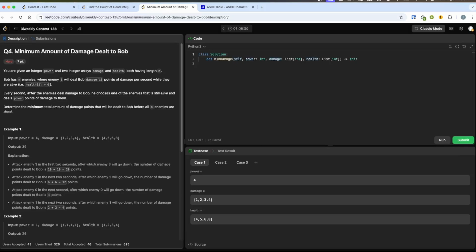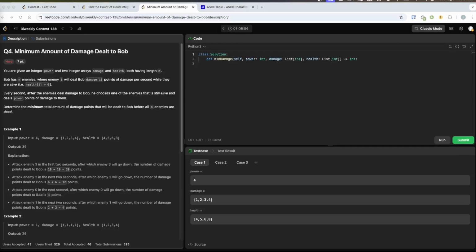So we have to make a choice, right? We have to make a choice. Which makes me think it's DP, right? Because based on our choices, when we make an attack, we're technically solving a different subproblem each time.